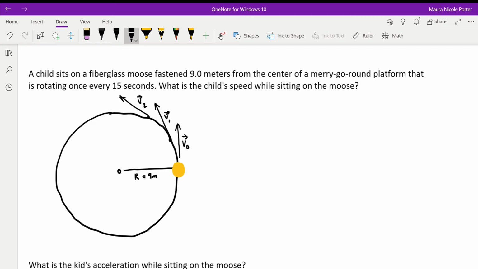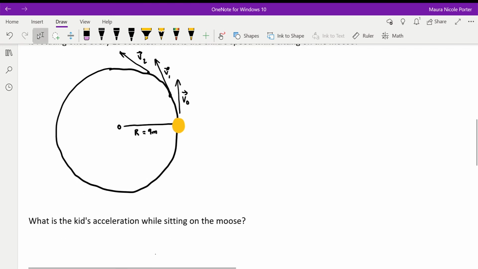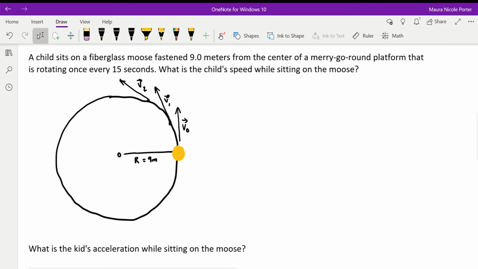And what we could do with this, if we were working conceptually, is we could draw this v0 vector, and we can do vector addition with the v1 vector. And so now from this point to this point, we can draw delta v.